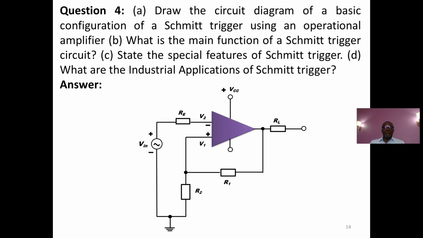Now, the value of RE will be equivalent to the values of R1 connected in parallel with R2.